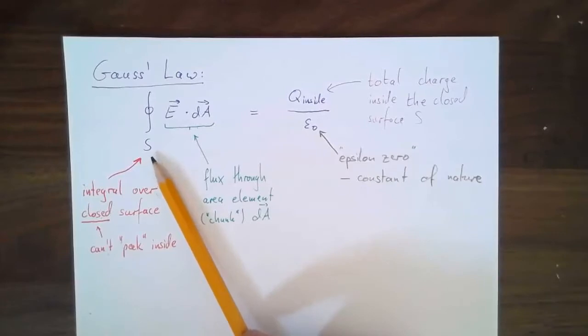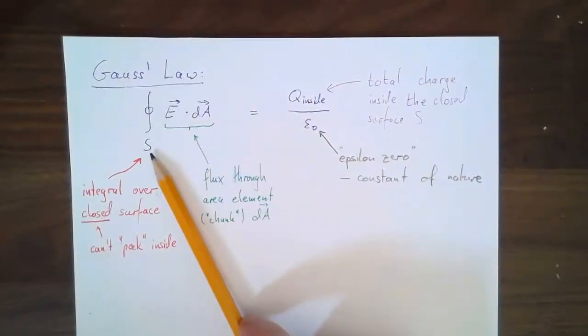It has to be such that there is an inside and an outside. And if you were to fill the inside up with water, it wouldn't come out. That's kind of the idea. There's an inside and outside, and there's no way to get from the inside to the outside. That's what we mean by a closed surface.